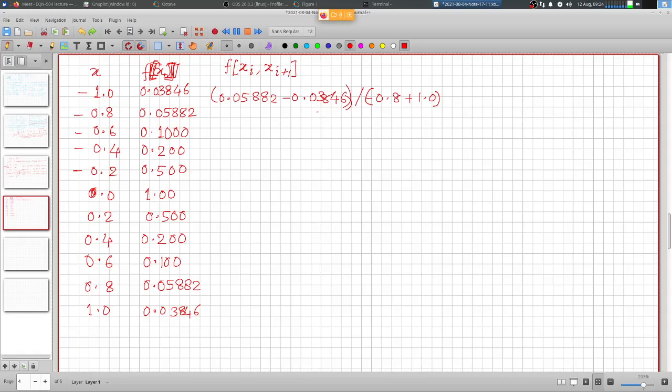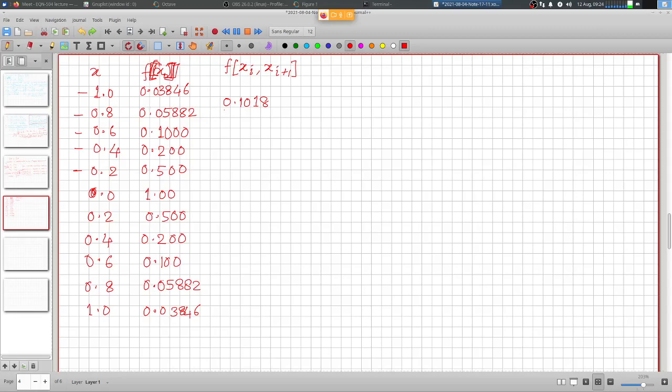So this is essentially given by this entire expression, which I can write as 0.1018.